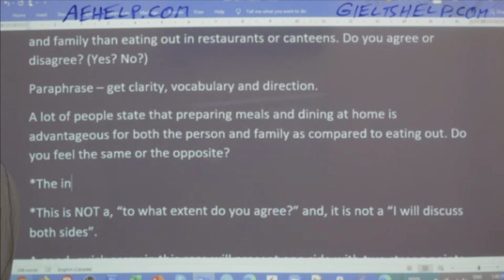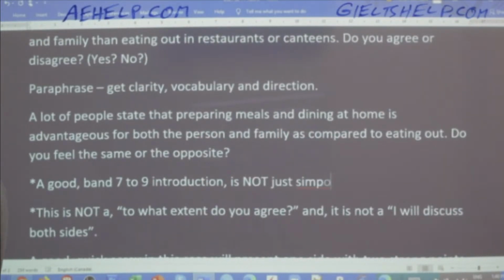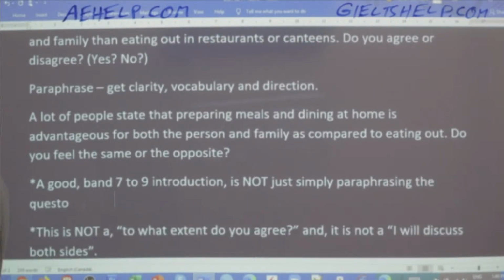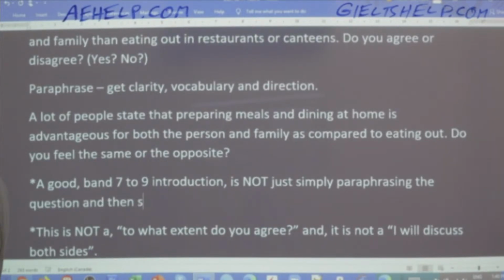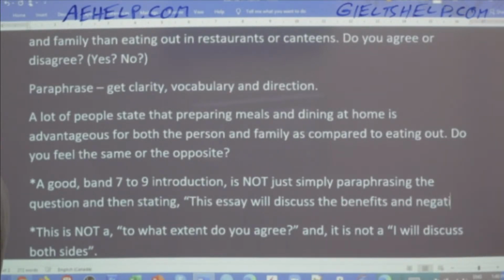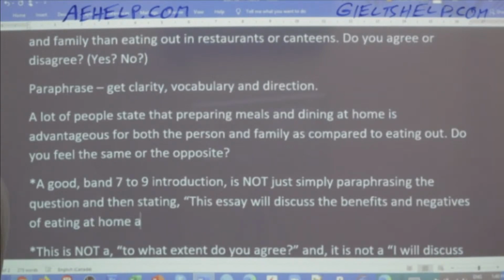So the introduction, or I should say a good band 7 to 9 introduction is not just simply paraphrasing the question and then stating, this essay will discuss the benefits and negatives of eating at home and in restaurants. Okay.